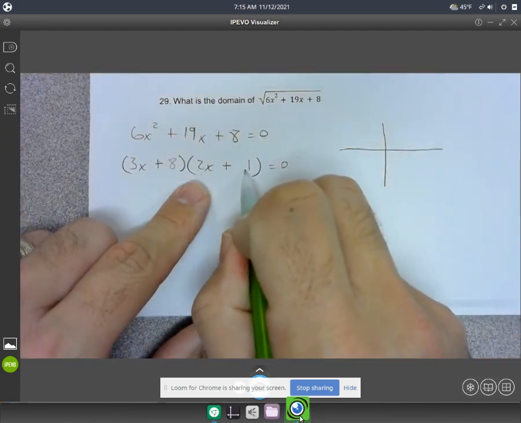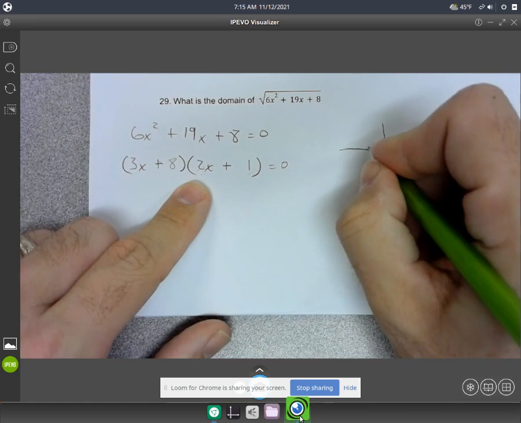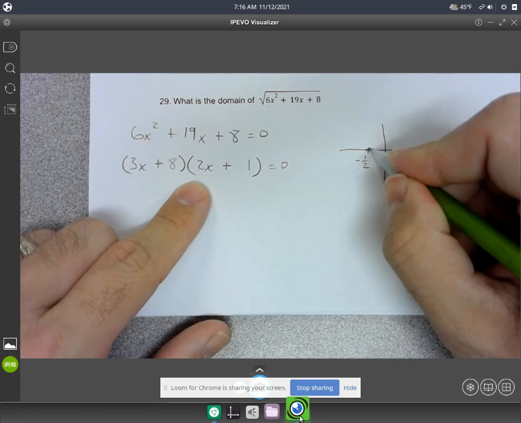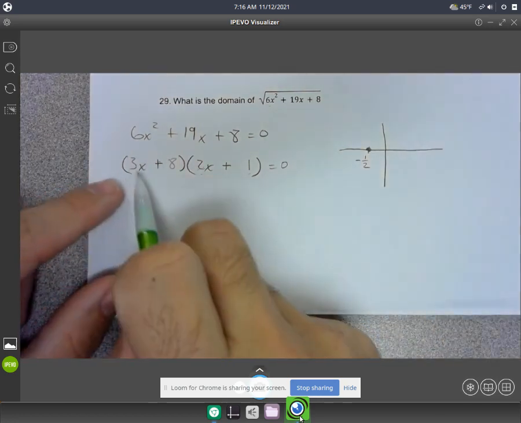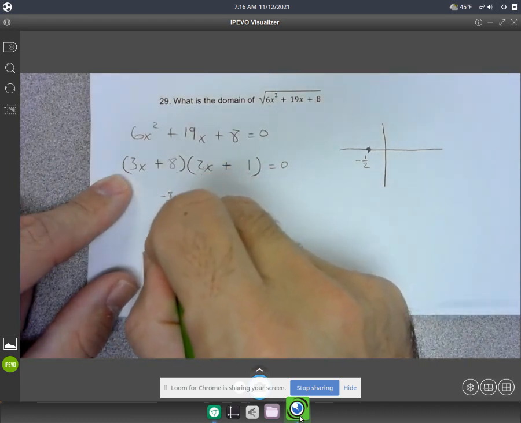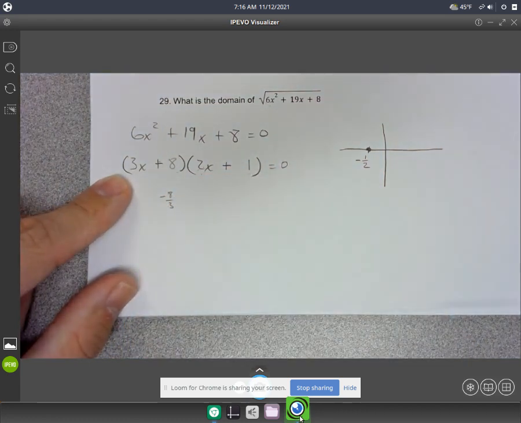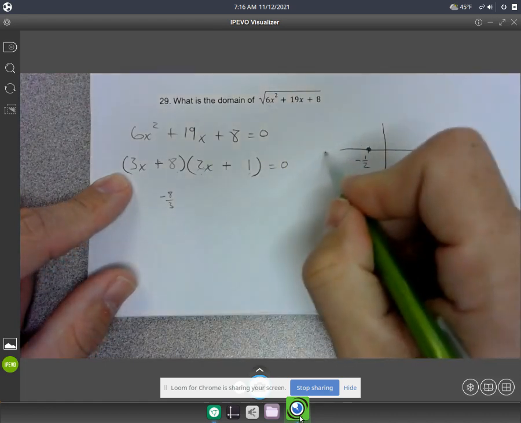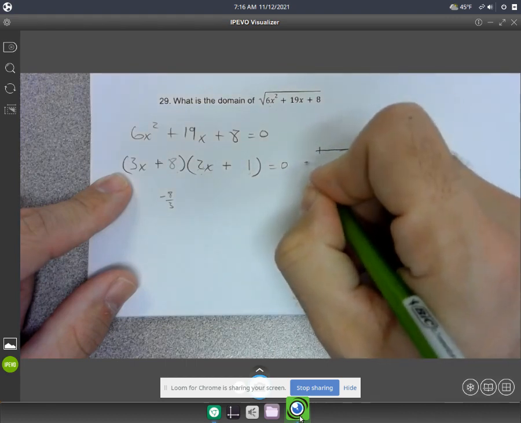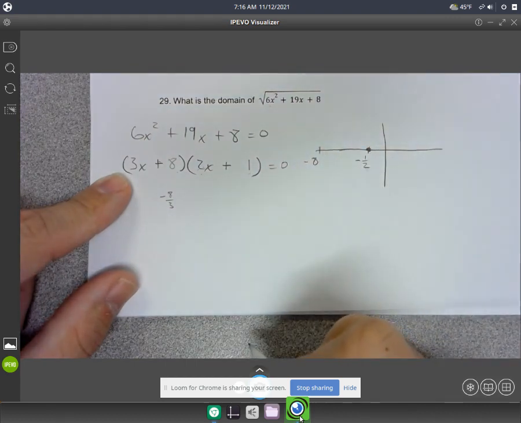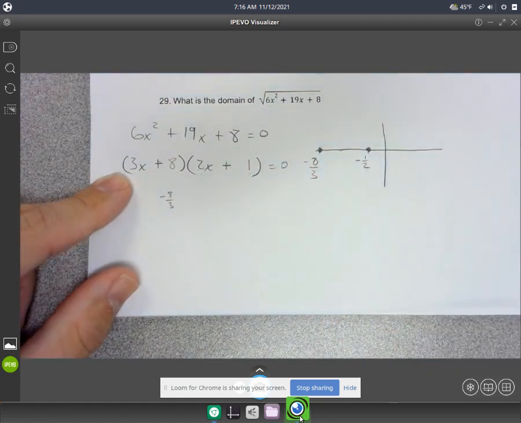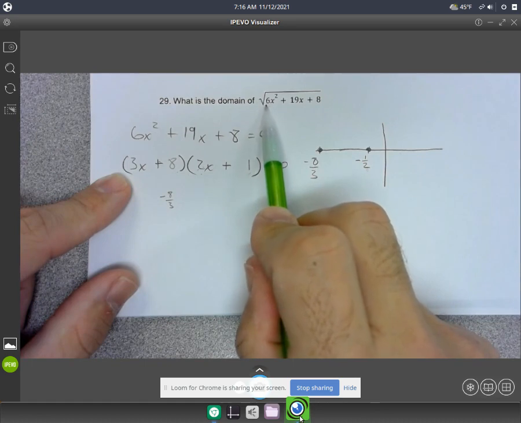Okay, if 2x plus 1 is a factor, then negative 1/2 is going to be one of my intercepts. If 3x plus 8 is a factor, then negative 8/3 would be the corresponding intercept, which is going to be to the left of this one. Negative 8/3 is like 2.66, I think. And this function is going to be opening upwards because this is positive.